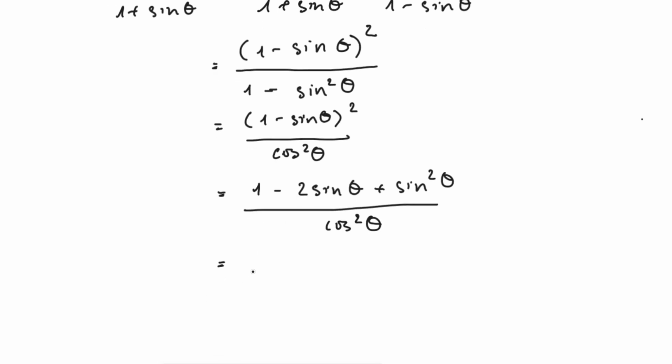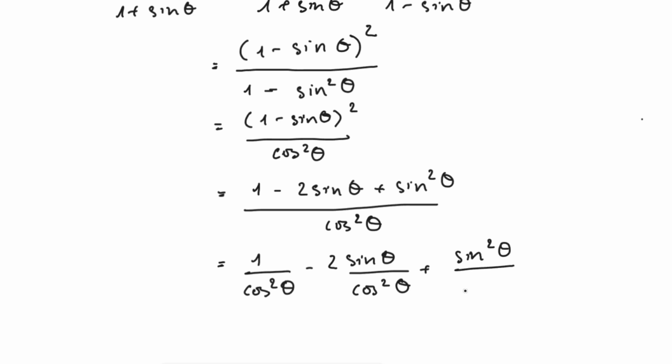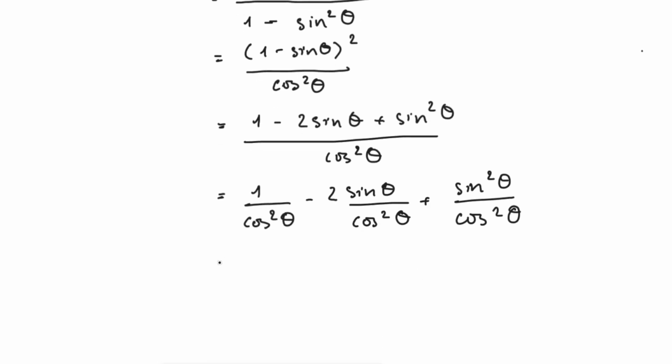So it is equal to 1 over cosine square theta minus 2 sine theta over cosine square theta plus sine square theta over cosine square theta. So this is 1 over cosine square theta minus 2.